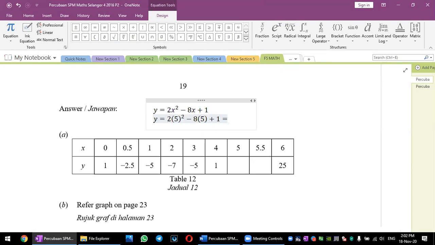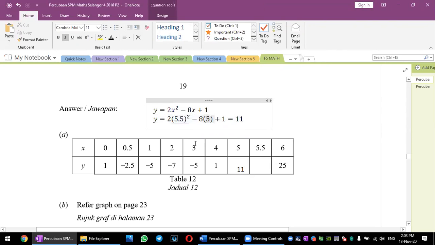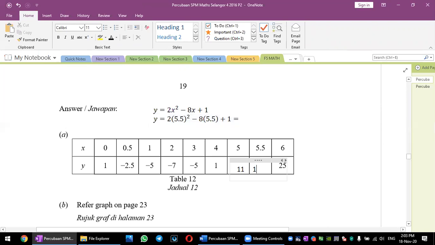When the x is 5, what do you get? Is it 11? Yes, 11. Then another one when x is 5.5. Tekan calculator, what is your y? 17.5. Okay, so you get 17.5.